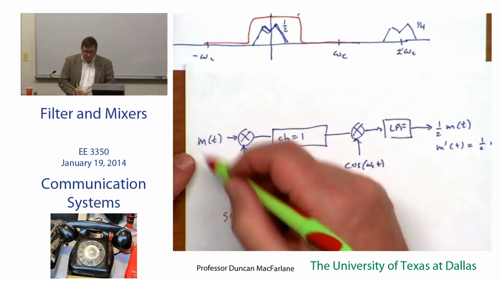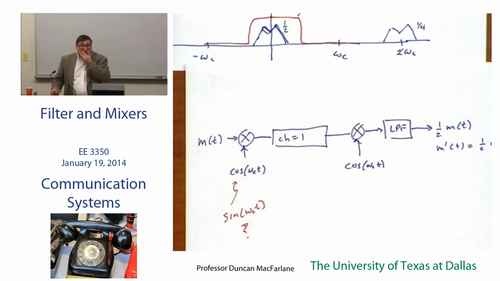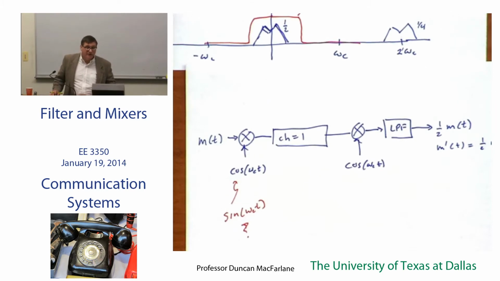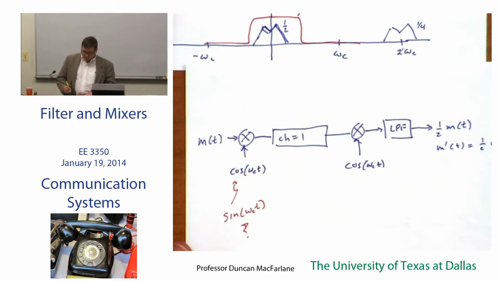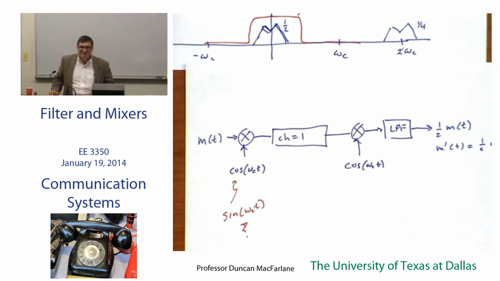This guy here is under the control of the radio station, right? So the radio station has control of whether it's a cosine or a sine. Maybe. The radio station has ownership of this part here. The radio station does not have ownership of every single car radio in the DFW region, right?